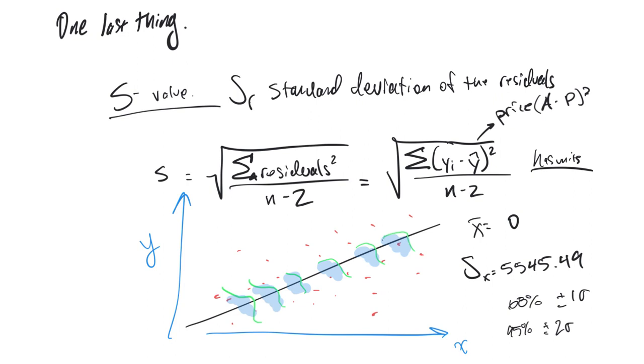Imagine a little tiny normal curve above our regression line, our prediction line. And typically 99.7% should fall within 3 standard deviations.